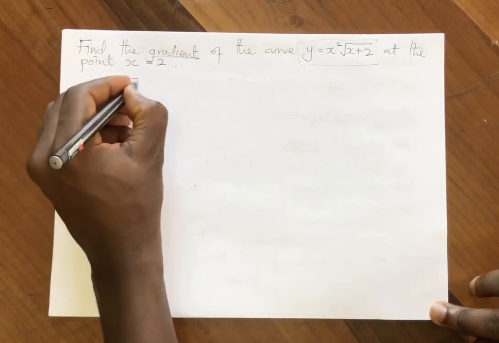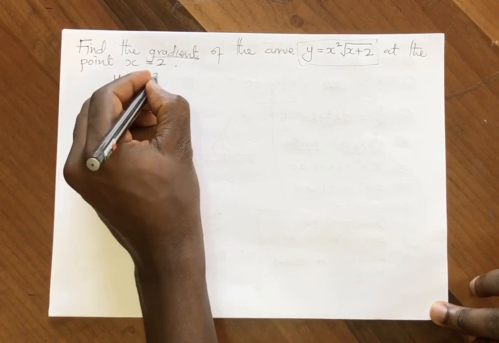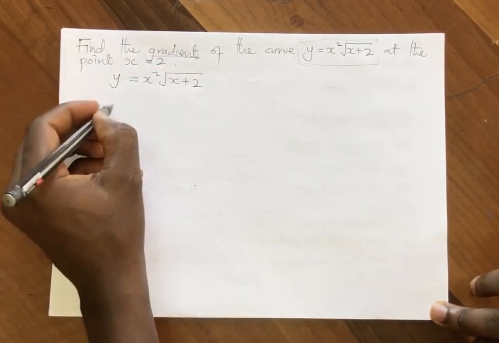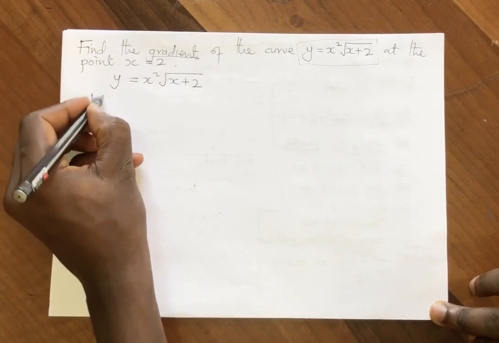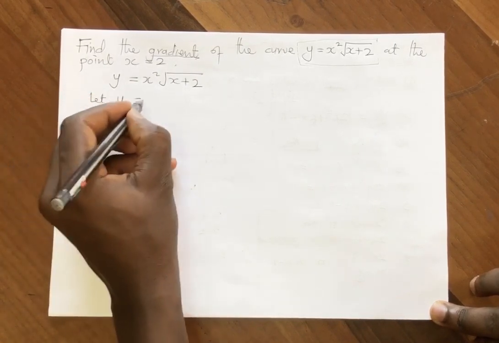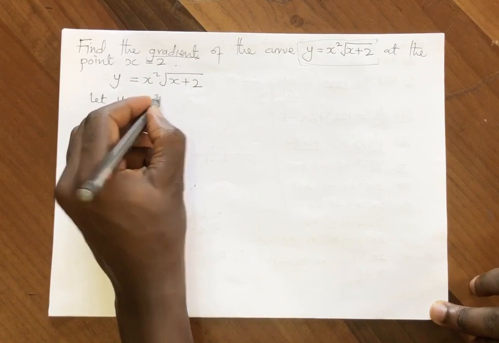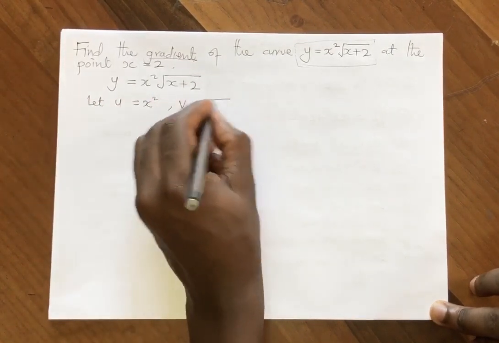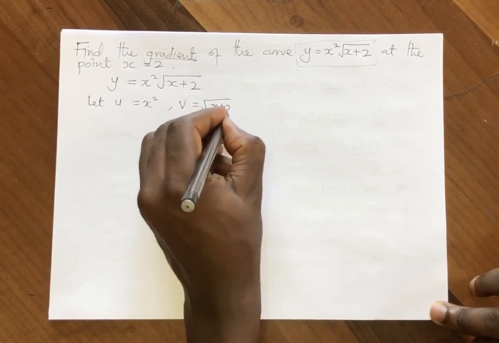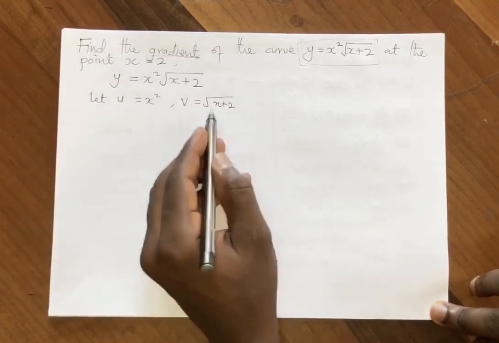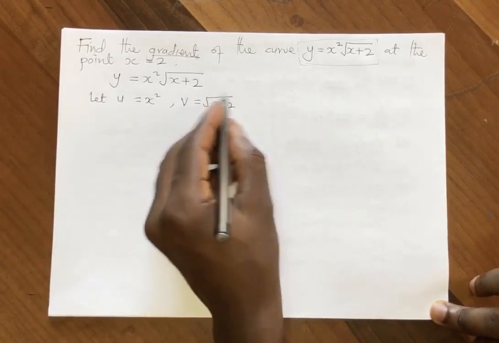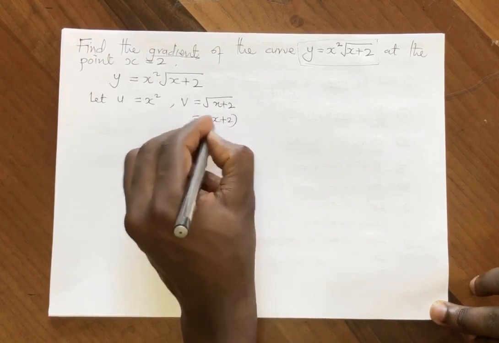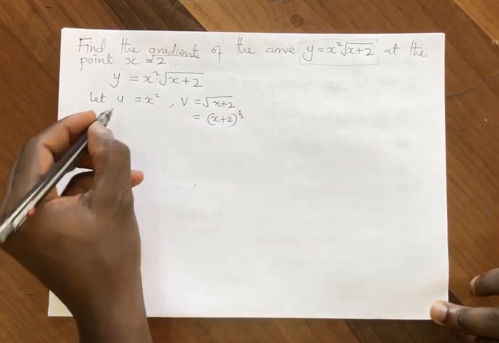We have y is equal to x squared root of x plus 2. So let u be equal to the first function, which is x squared, and then v be equal to root x plus 2, that's the second function. But this can be cleaned up a little bit, so you have x plus 2 all raised to the power half.